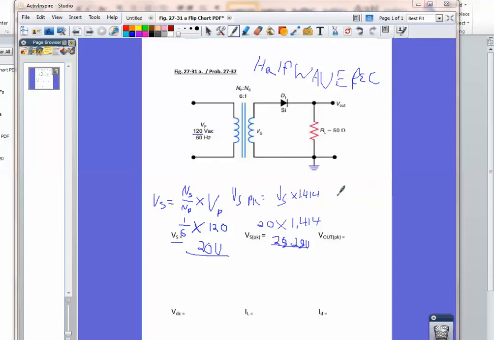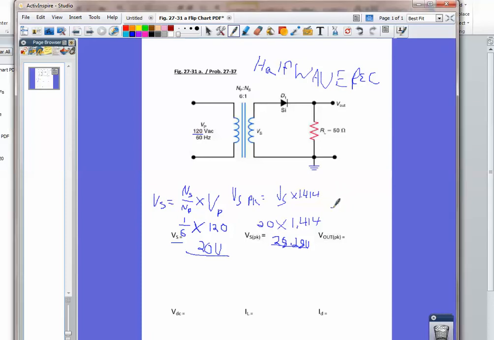So V out is going to be our Vs peak, which we calculated to be 28.28 volts, minus 0.7, and that gives us a V out peak of 27.58.